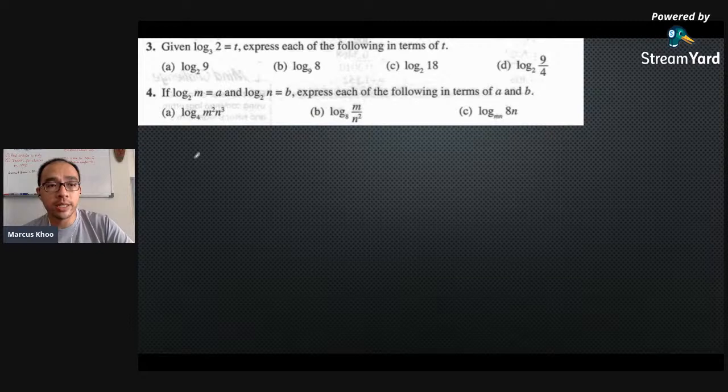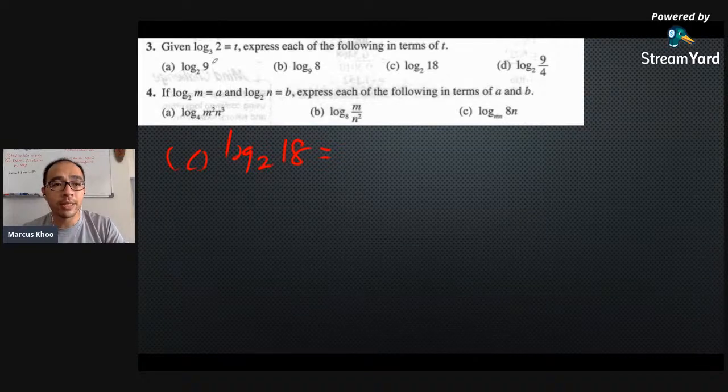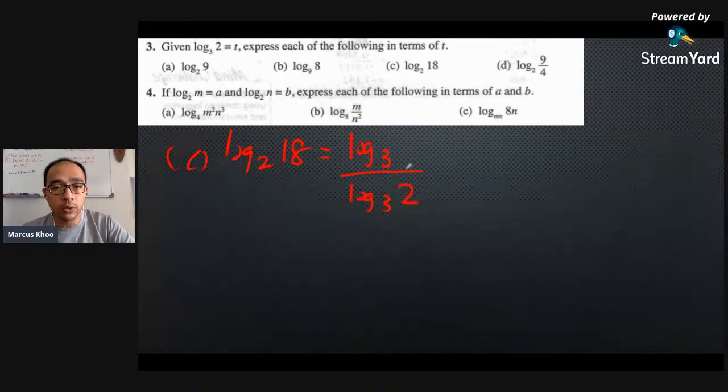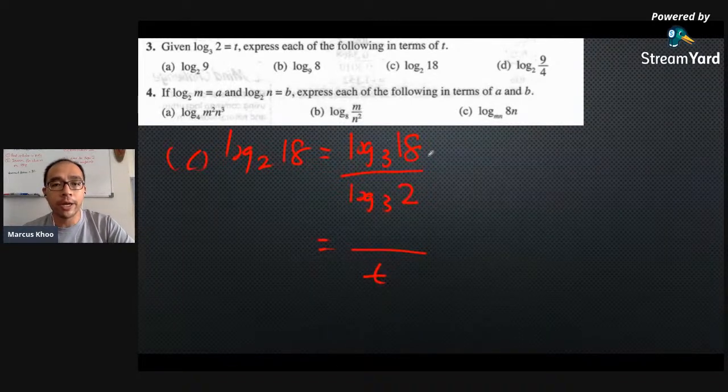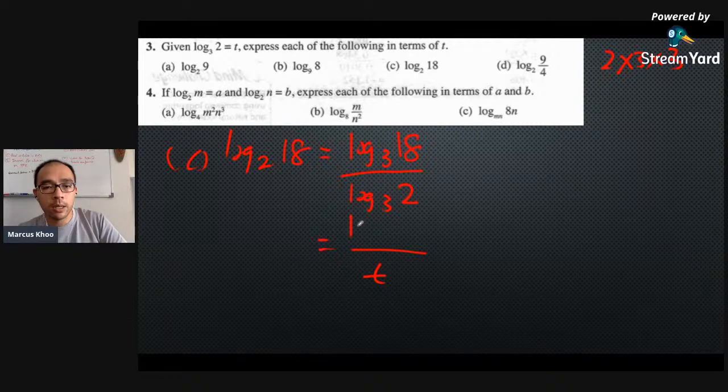Let me try question C. Log_2 18. Let's think of a way. The problem is this one is base 3, so let's do the same thing. Base 3, this is base 3 of 2, this is base 3 of 18. So log_3 2, no problem, over t. How about 18? 18 will be 2 times 3 times 3. So log_3 of 2 times 3 times 3.